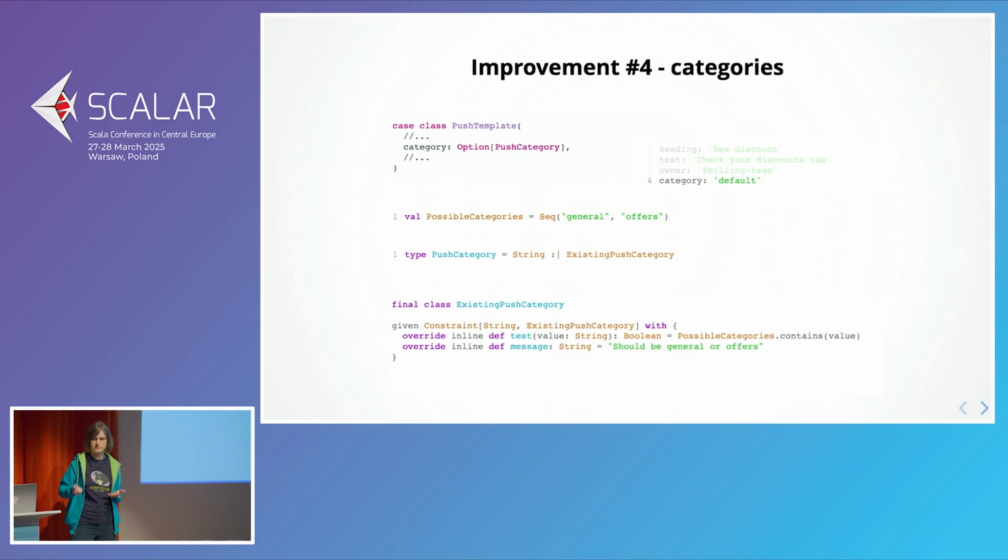This is this given keyword, which in Scala 3 replaces the implicit with being much more clear and easier to use. And then you need to implement two methods. One is the test method, which contains how you would want to test whether the constraint should be evaluated to true or not. And you have the message method where you have the text, which is the error that you want to return if the constraint is not followed. So this is all you need to do to define your own constraint.